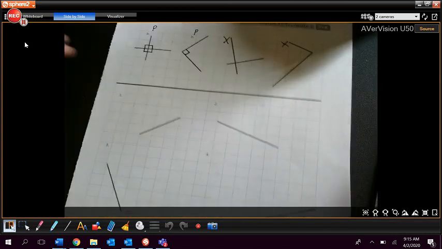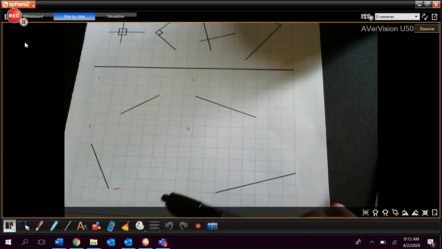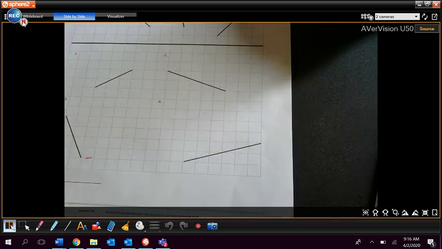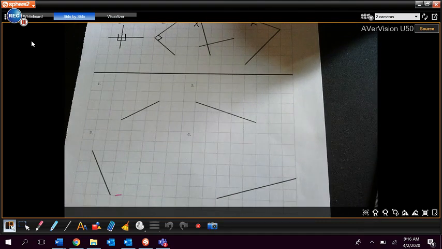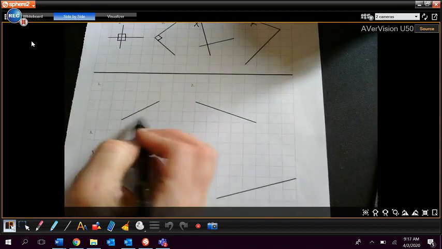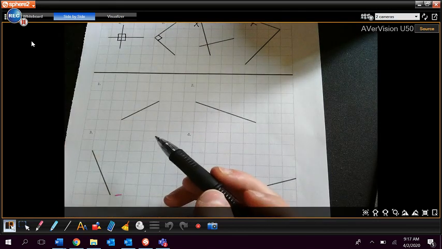Now we're going to move on to the bottom part of our paper. Alright, so I want everyone to look at number 1. Only at number 1. Now, if you look at number 1, I want you to think, and we're going to pretend that this right here is a right triangle.